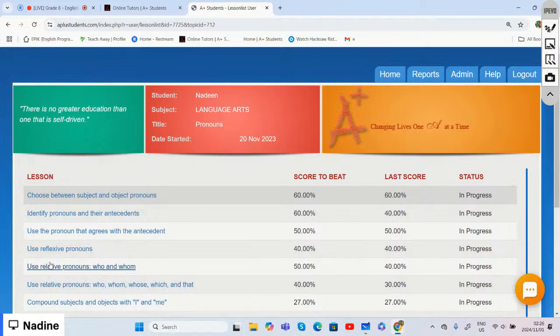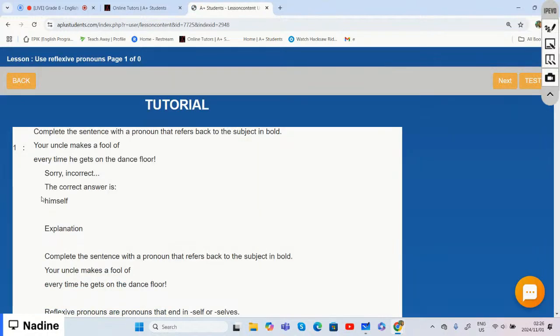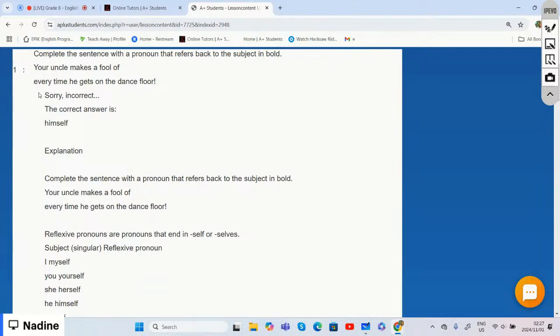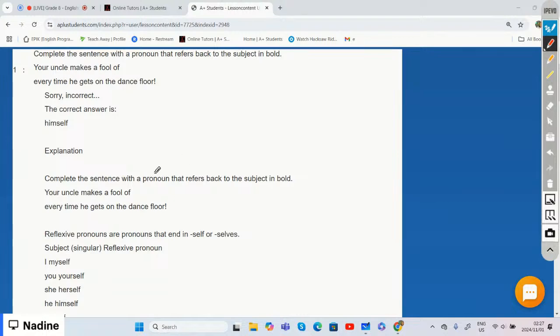It says your uncle makes a fool of. Do we say of him or of himself, every time he gets on the dance floor? Which one is correct? Should we say that your uncle makes a fool of him or makes a fool of himself every time he gets on the dance floor?